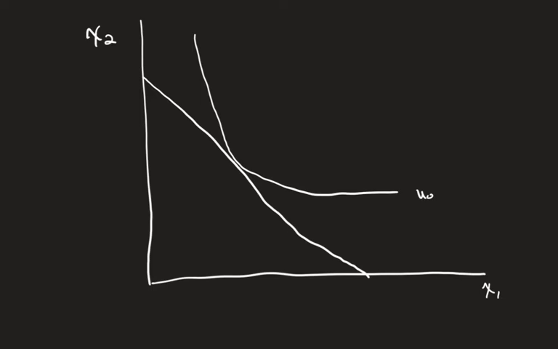Why don't we let the price change be that the price of good 1 falls. Maybe we'll wind up with a new budget constraint that looks like that. Preferences will keep roughly the same shape as you move out.